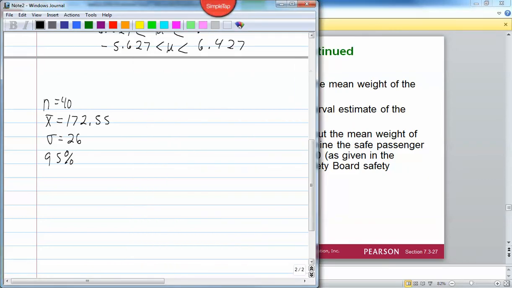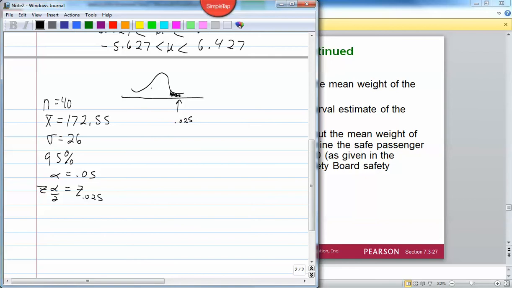Alright, so if we want to construct confidence interval 95% confidence level, alpha equals 0.05, so z sub alpha over 2, it's going to be z sub 0.025, so that is the area to the right under the bell curve. That area to the right, we want that to be 0.025.